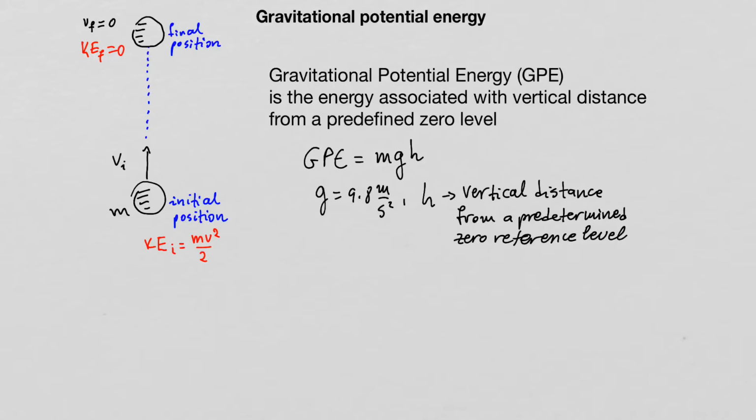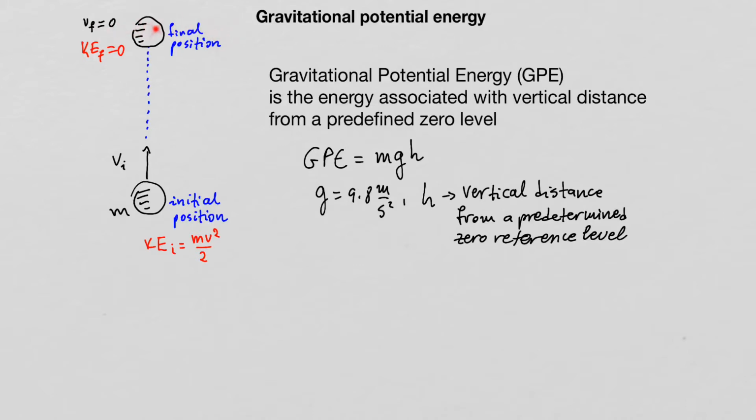For example, in the drawing that I made right here, I can take my 0 reference level to be at the release point of the ball. So the gravitational potential energy here is 0. And as the ball is moving away or up from this level, the gravitational potential energy increases, the kinetic energy decreases.